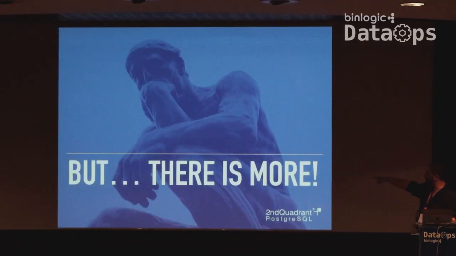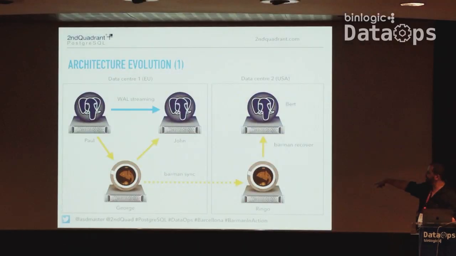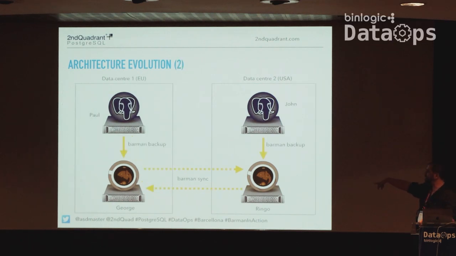Because from that you can create a new server, Bert, that is not related to them but uses the same data for starting, or you can create another kind of interaction. For example, Barman backs up George from Paul, and John on Ringo, and the two Barman can share the two backups, because if you lose the data center in the US, you can recreate on the fly in the EU and vice versa.